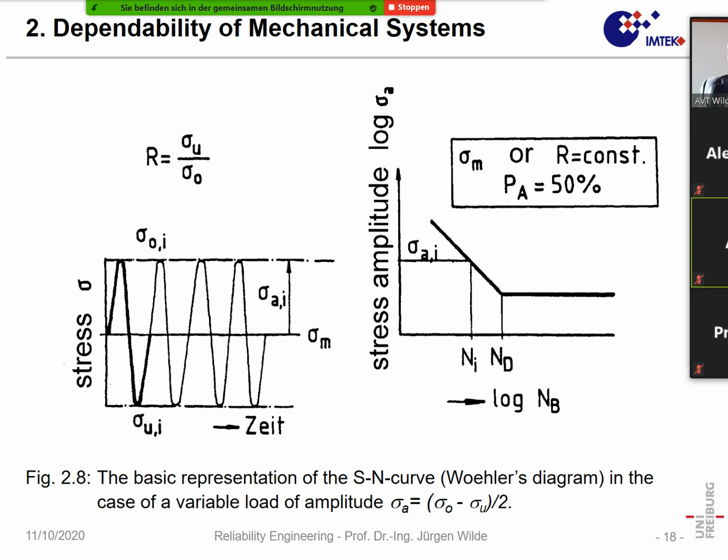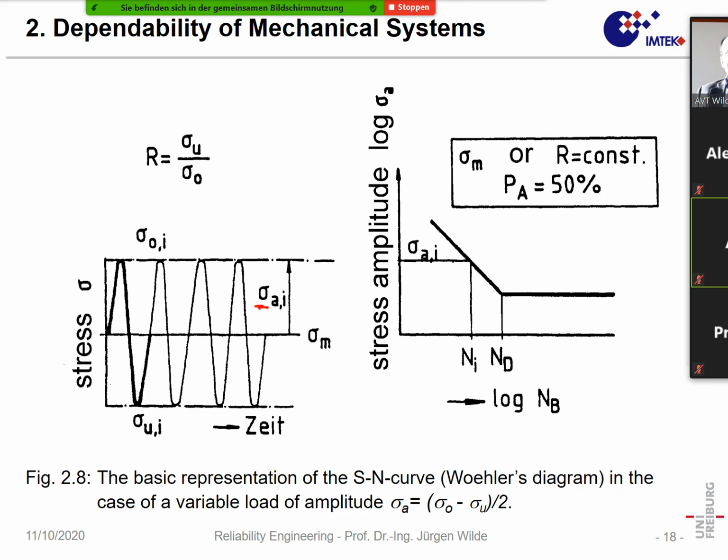But now let's come back to Mr. Wöhler. And here we have the stress amplitude. And now Mr. Wöhler did a number of experiments. He took a steel rod, for instance, and that rod can be tested in tension and compression, or you can also bend it and turn it. So on the surface you have always compressive stress, tensile stress, compressive, and so on.